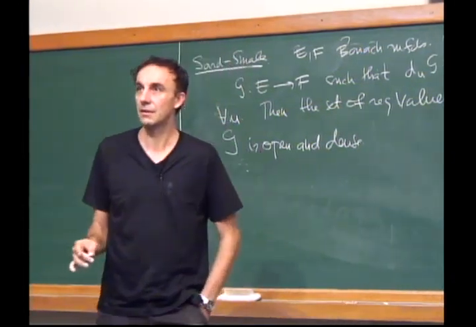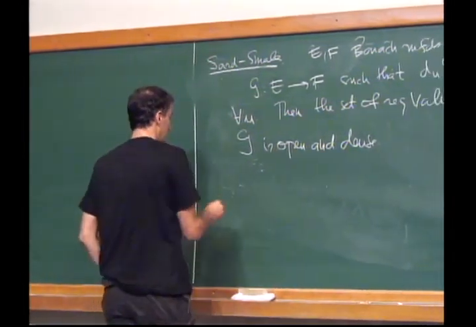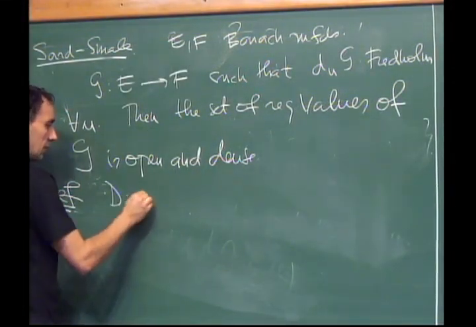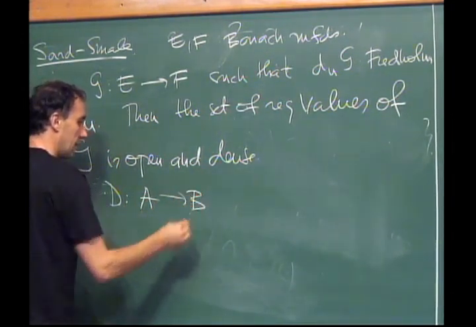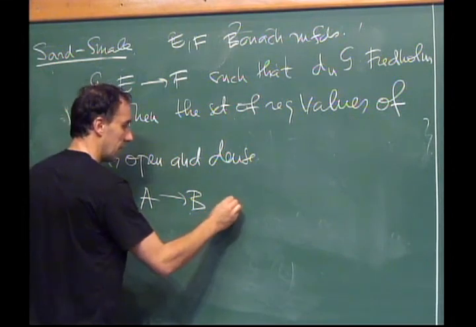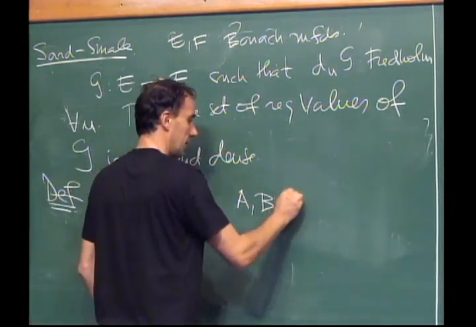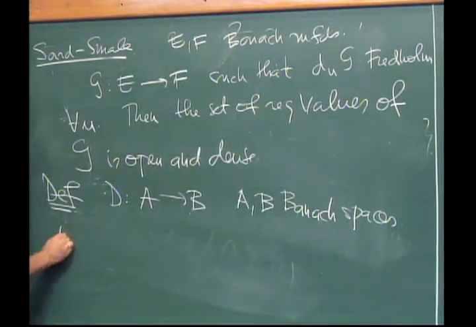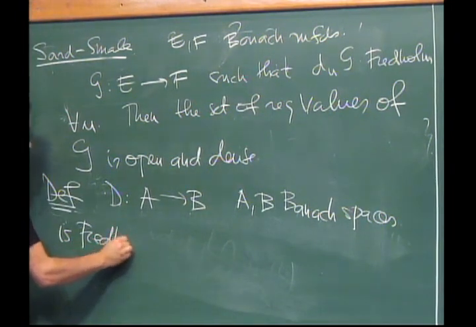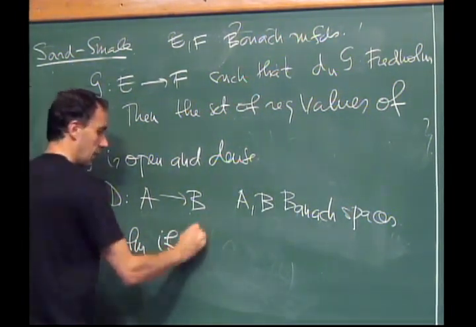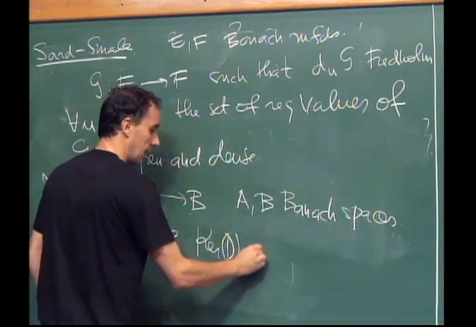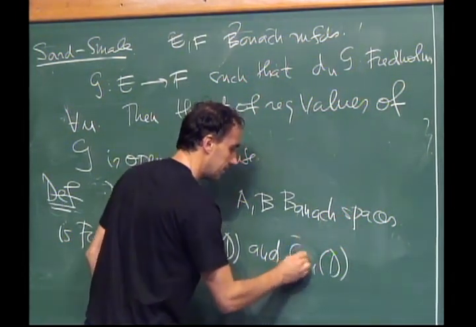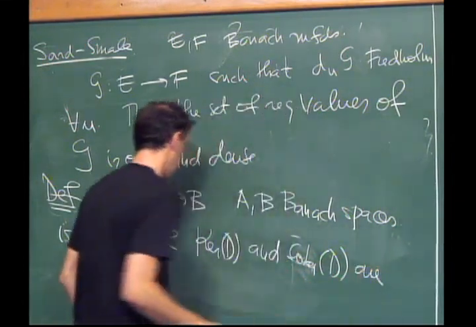So definition: D between A and B, where A and B are Banach spaces, is Fredholm if the kernel of D and the co-kernel of D are finite dimensional.